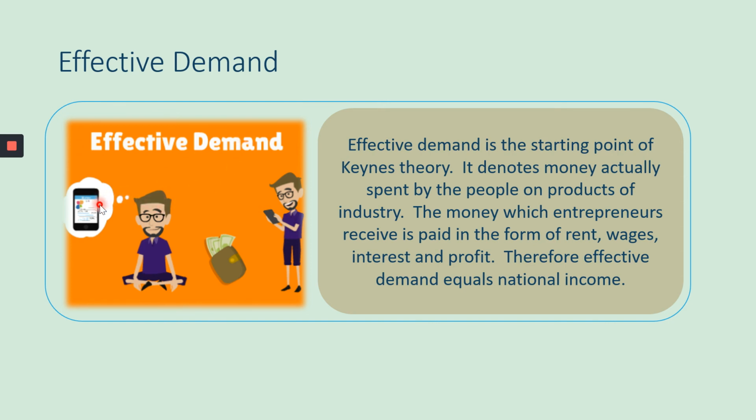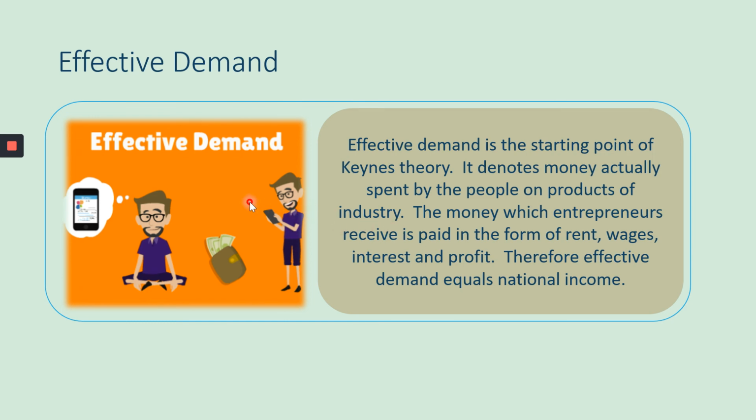So he has a desire to buy a phone. Then later on, he must have the money. So he must be willing to buy, and he must have the money to buy. Then that is only called effective demand. It denotes money actually spent by the people on products of industry.